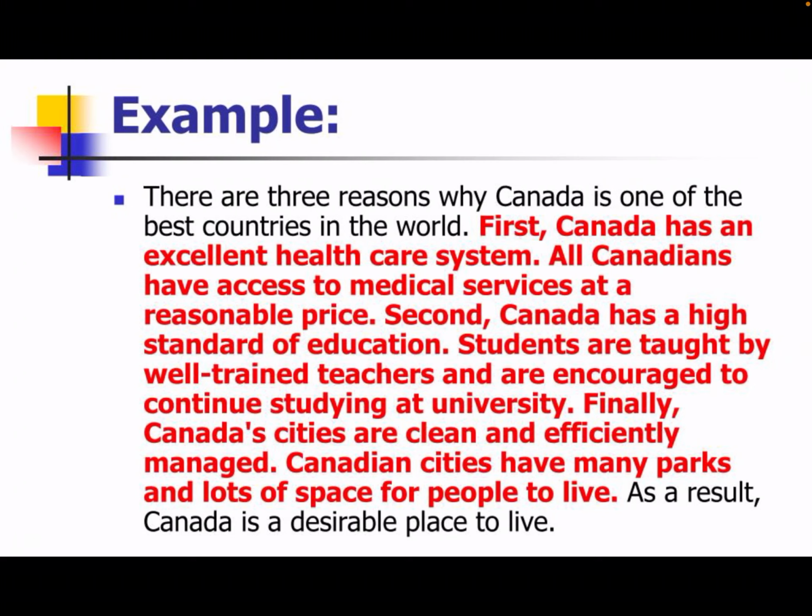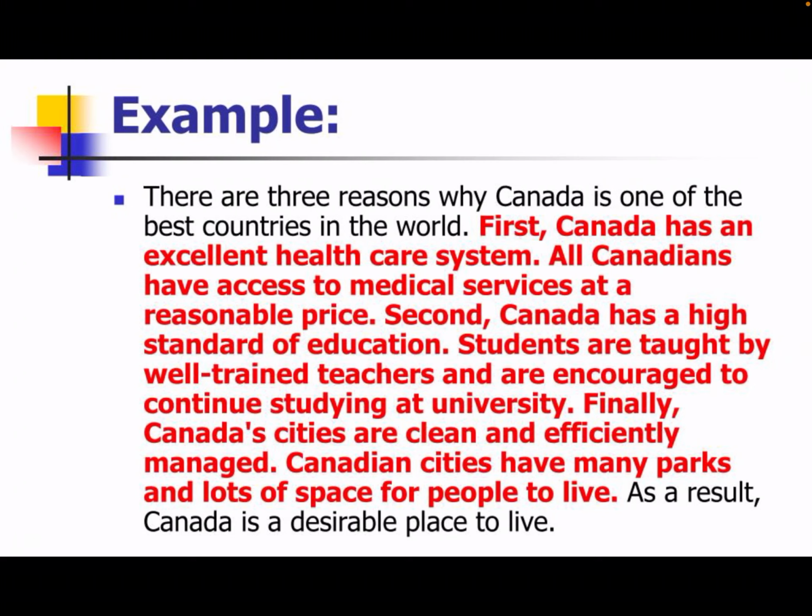So, all the grammar that we take in English has a purpose, has a reasoning, and this is a great example because here we used grammar, we used linking words, and all of these teach us how to write better. So, as I was saying, as a result, Canada is a desirable place to live.